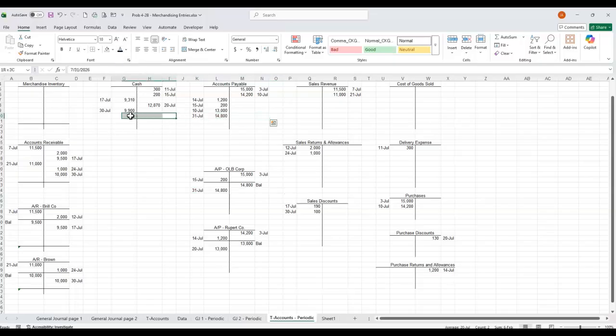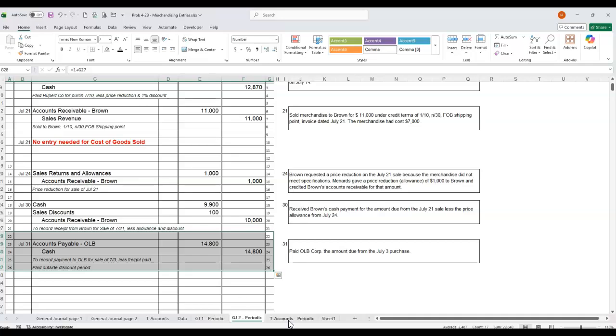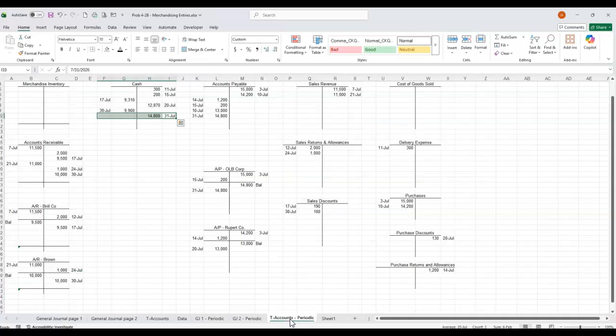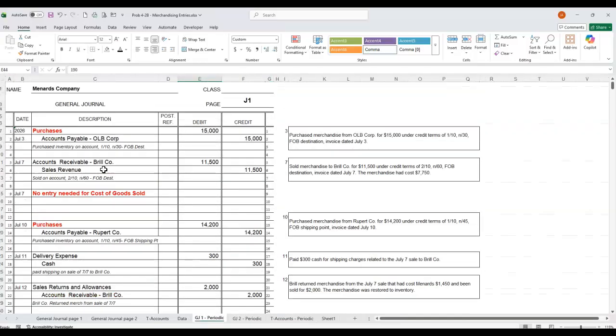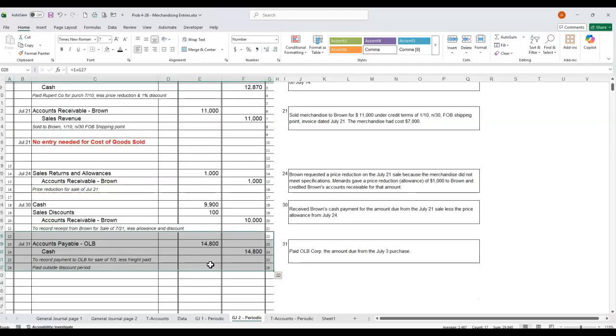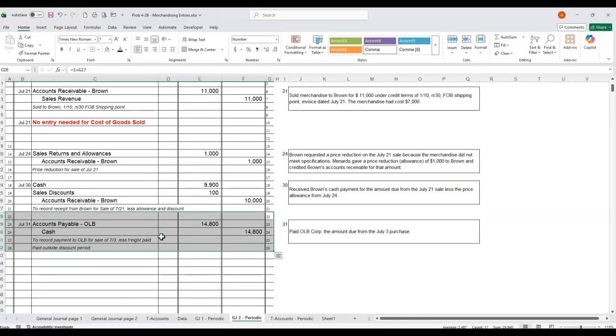We are going to credit cash for the gross amount, because this is out of discount. If you notice, this was a purchase from July the 3rd, and it was 1/10, n/30, so we are outside the discount period, so there's no entry to be made for that. And that's it. That's how we do purchases and sales under the periodic method.